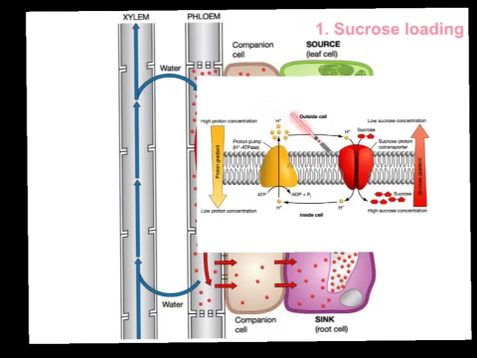So what happens over here, the hydrogen ion together with the sucrose molecule is co-transported back into the companion cell. As you can see, the H and the sucrose are co-transported back into the companion cell.